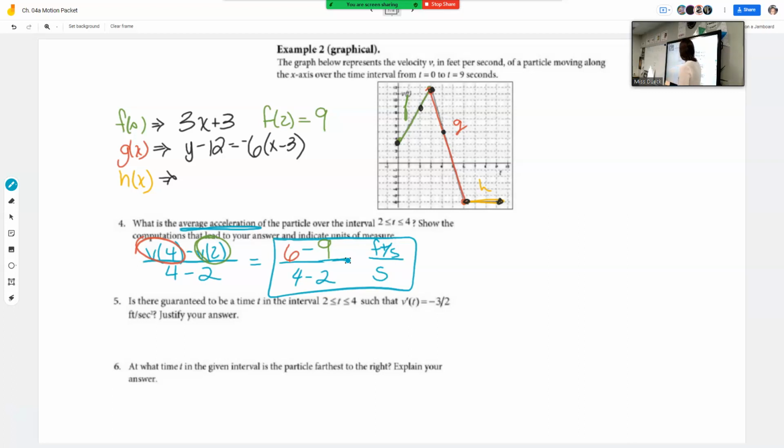Is it a negative 6 for g of x? No. It goes down, but not at 4. At 4, it's up here. Because 4 minus 3 is 1, and negative 6 plus 12 would be positive 6.